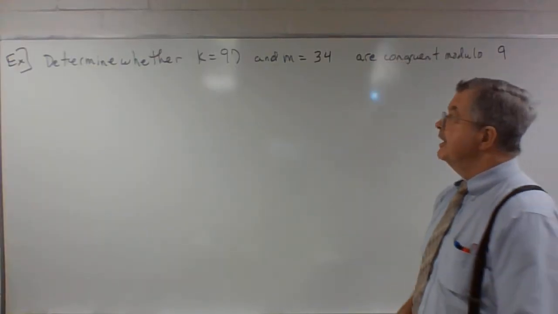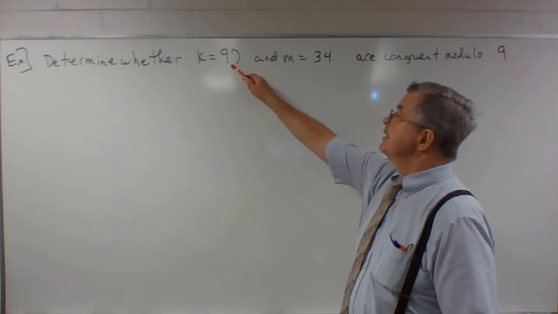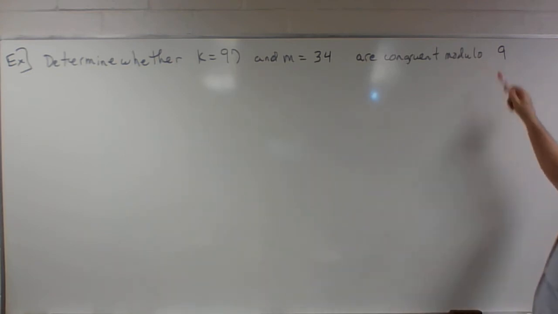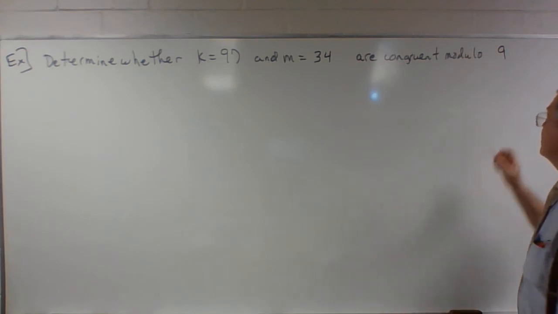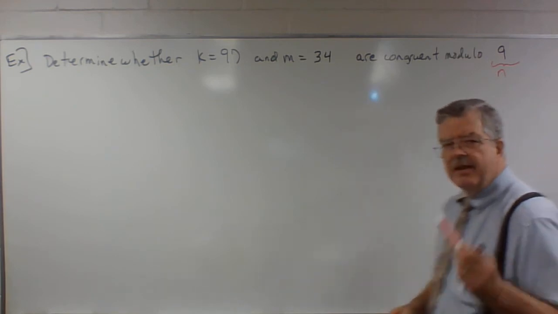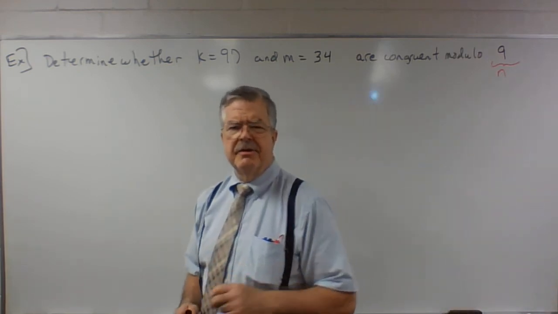Okay, our first example. Determine whether k equals 97 and m equals 34 are congruent modulo 9. So 9 is our n here. And we're going to do this two different ways.